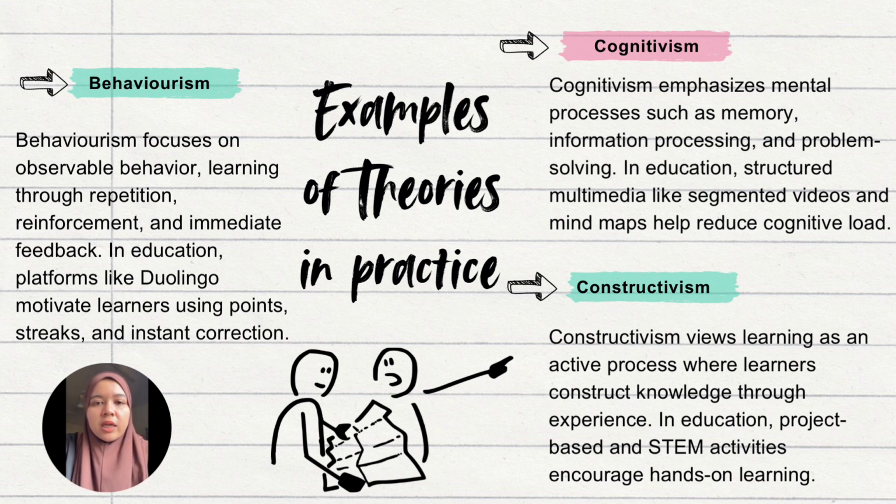In corporate training, organized e-learning modules and infographics are used to present information in a clear and logical manner, making it easier for employees to understand and remember procedures. In healthcare education, advanced tools such as 3D anatomy platforms help learners build accurate mental models of complex systems, leading to better comprehension and decision making. Overall, cognitivism focuses on helping learners process and organize information more effectively.